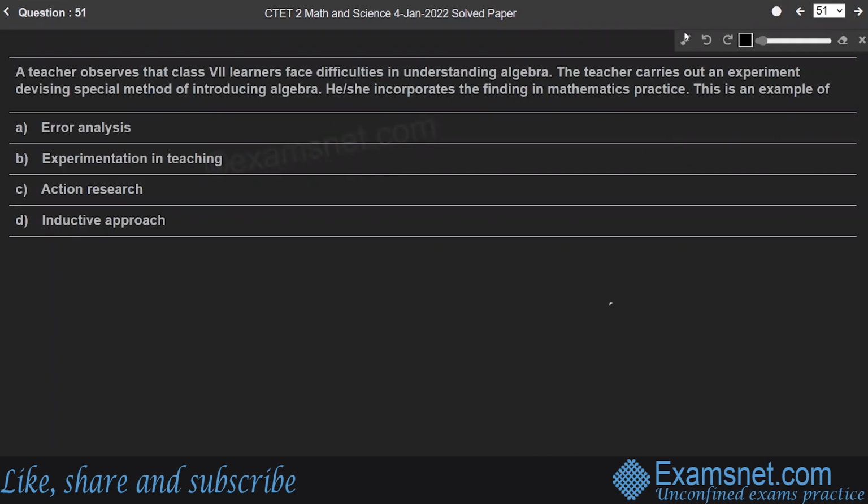Question number 51. Teacher observes that class 7 learners face difficulties in understanding algebra. The teacher carries out an experiment devising a special method of introducing algebra. He or she incorporates the finding in mathematics practice. This is an example of error analysis, experimentation in teaching, action research, inductive approach. Here the correct answer is action research.